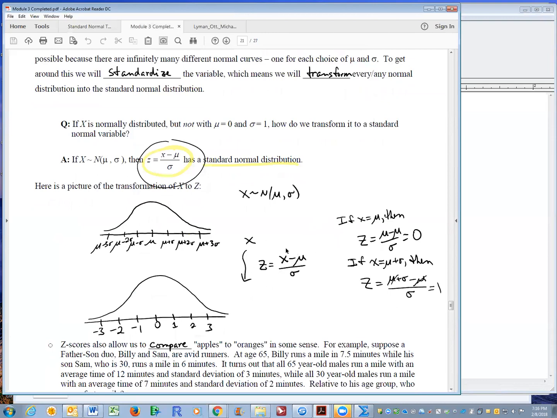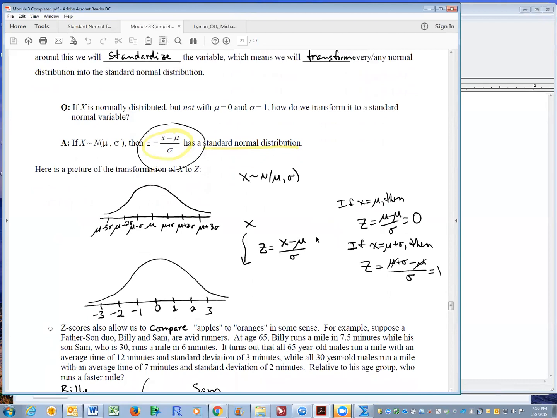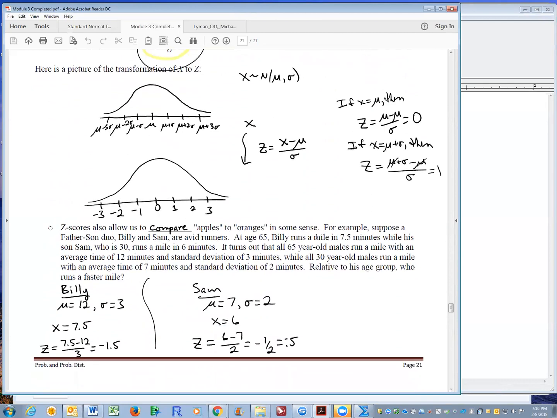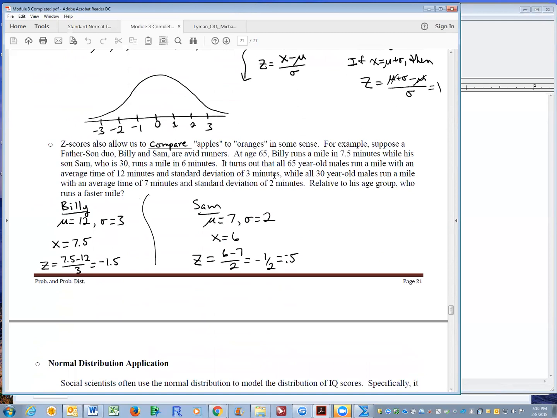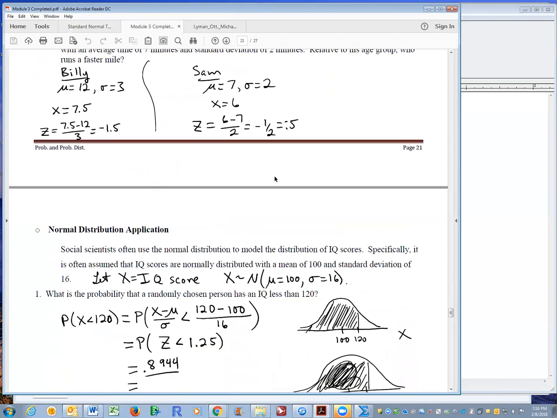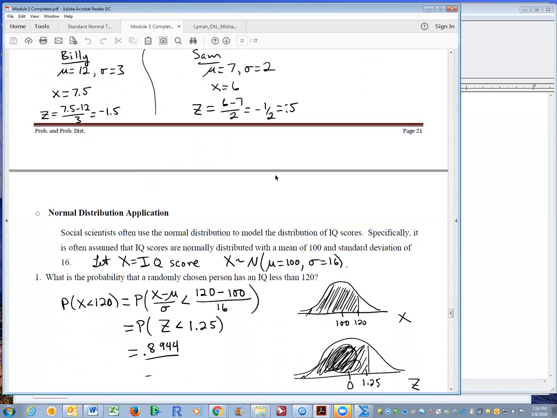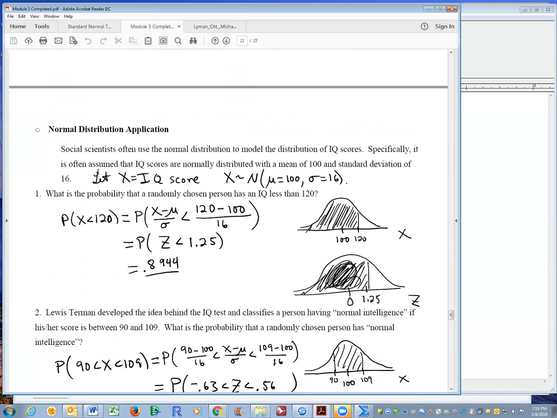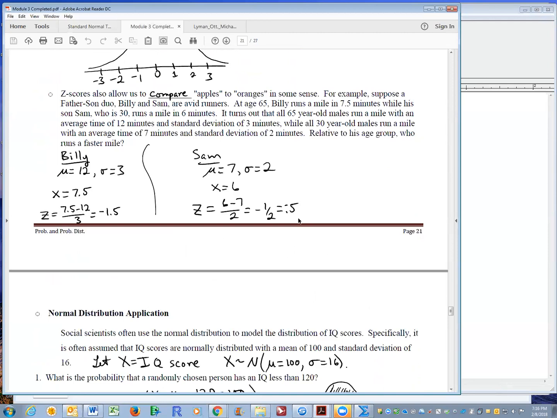It's basically through this transformation, z equals x minus mu over sigma. Questions with page 21. This is a measure of relative position. When you standardize something, it tells you how many standard deviations a value is from its mean. Any questions at page 21?